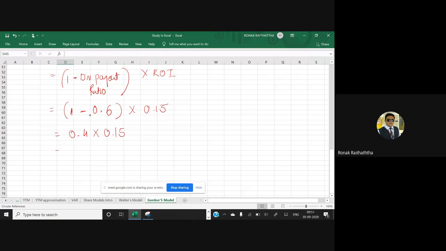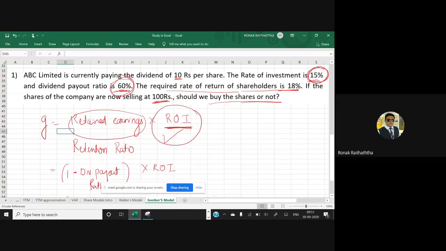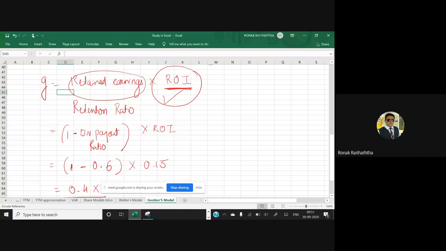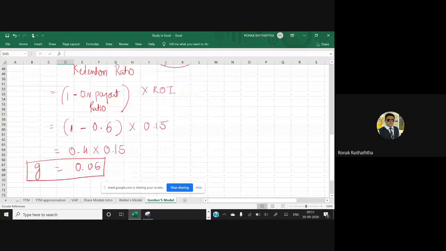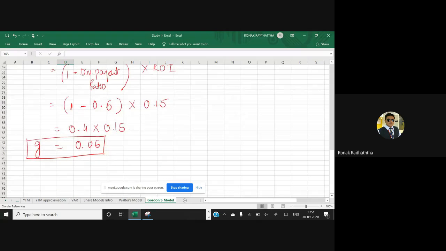Can someone tell me the answer here? 0.06. Absolutely correct. 0.06. That is the growth rate expected from the dividends. So that means on a yearly basis, my dividend should be increased by 6% from now onwards.